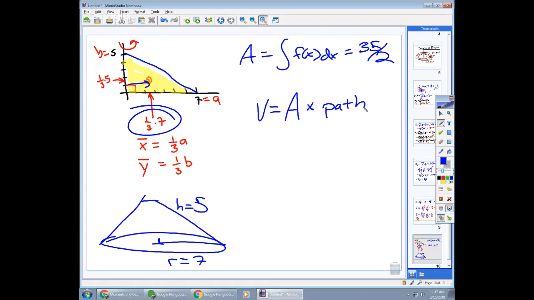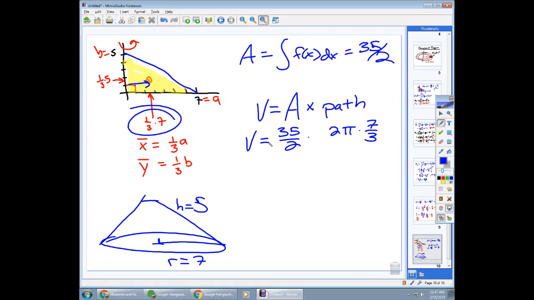So the path is just 2 pi times that radius, and that radius happens to be 7/3. The area of this triangle we discovered was 35/2. So according to Pappus, that should be the volume: area of the cross section times the path the center makes around the axis.